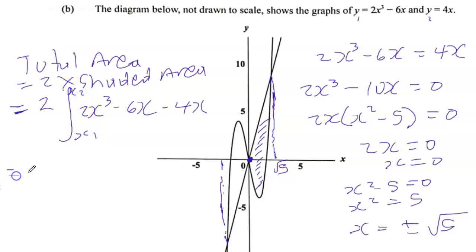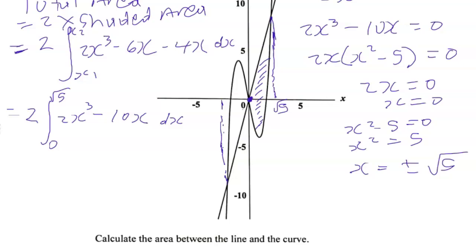So this is equal to 2 times the integral of 2x cubed minus 10x dx. We're integrating with respect to x. And the limits now, of course, is 0 to the point of intersection here, which is root 5. So we find this area, multiply it by 2, we'll get the total area, because this area will be the same as the one area that we shade.